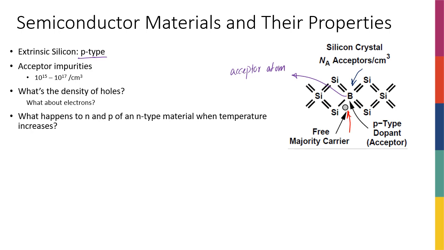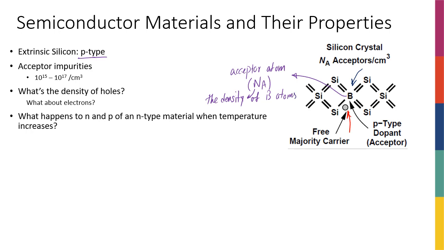Acceptor atoms, and the density of these acceptor atoms, I'm going to call it Na. The density of boron atoms.